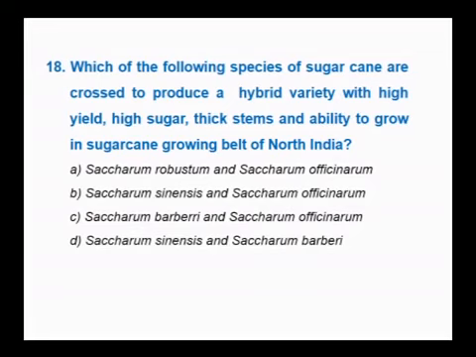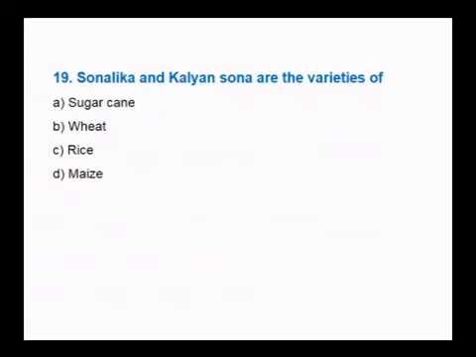So, the variety of sugarcane that is produced by crossing these two sugarcane varieties has combined both the characters with respect to yield and also adjustment to agroclimatic zones. Hence, the right option is Saccharum barberi and Saccharum officinarum.